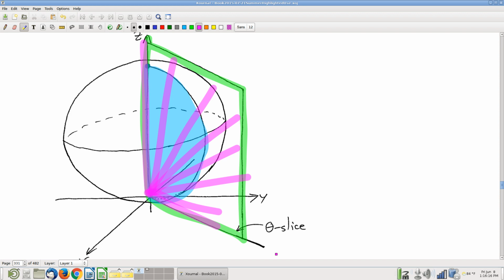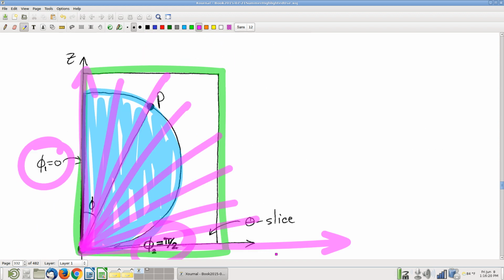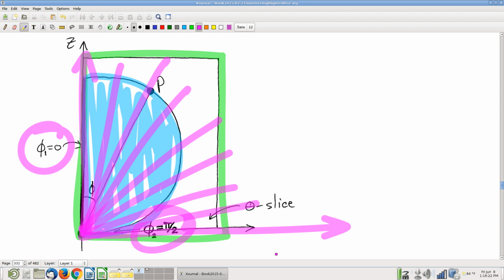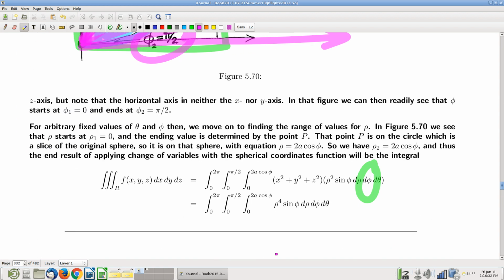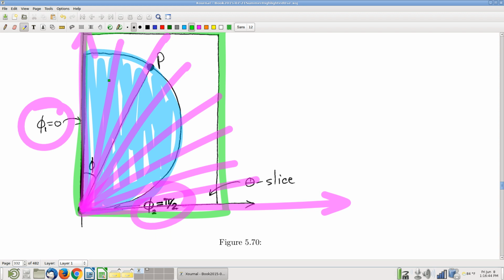If you redraw the picture face on, I feel like it's easier to see. So I encourage students to do that. So 0 to pi over 2, and here we go. 0 to pi over 2. Everybody good? All right, so next we need to figure out what are the rho bounds for a given theta slice.